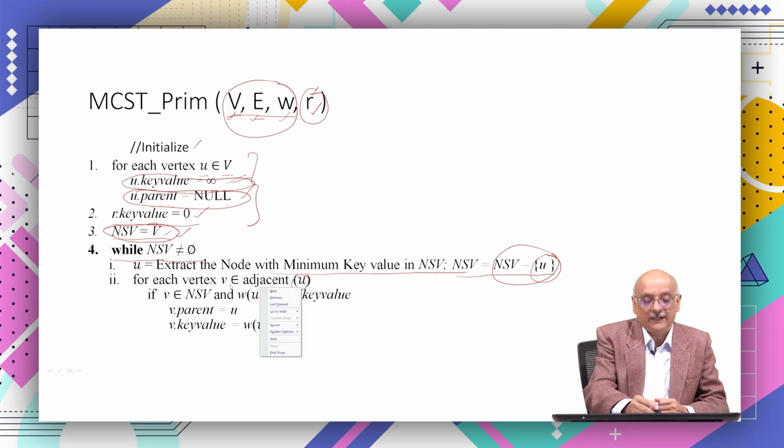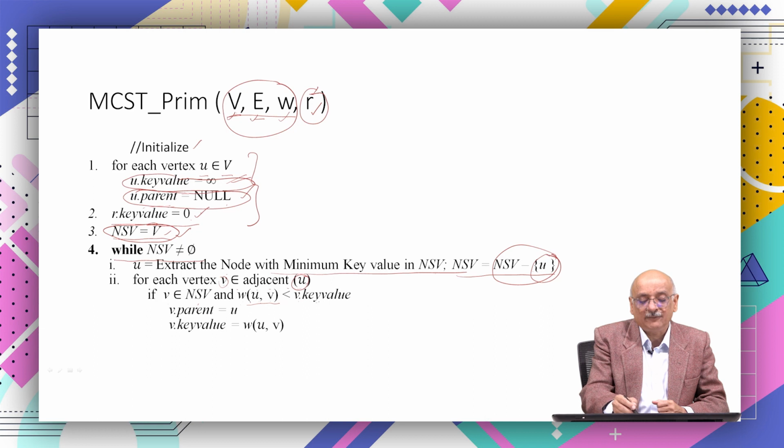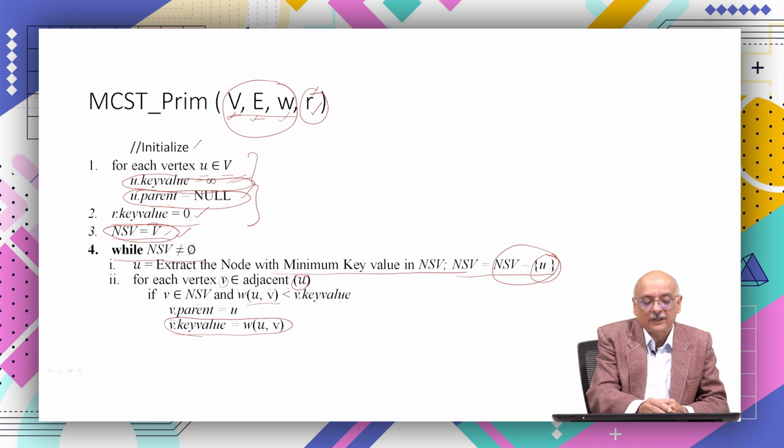If V is a part of NSV and W(U, V), the weight of the edge from U to V, is less than V dot key value, then we change the key value to the weight of that edge, and we change the parent of this particular node V to U.